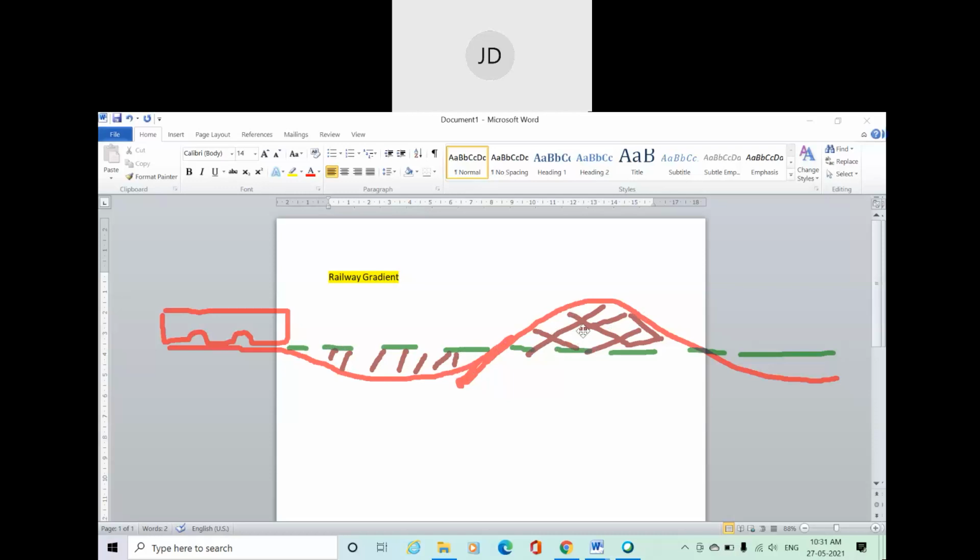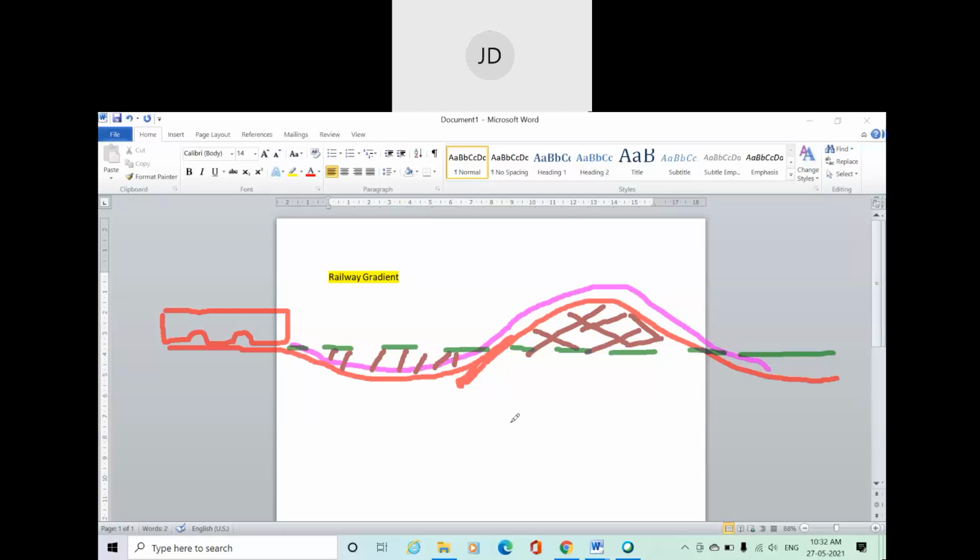To minimize the cost and for smooth, effective movement of the train, you can use railway gradient. You can also provide your railway line along this. This is a railway line, like this.